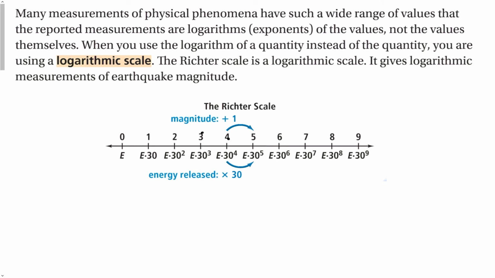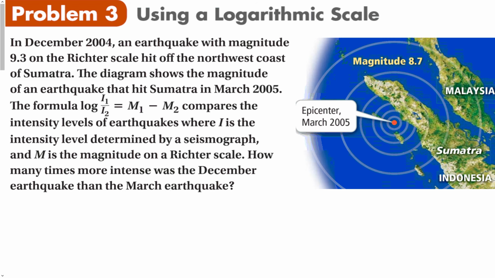Let's try a problem with this. In 2004, an earthquake with a magnitude of 9.3 on the Richter scale hit off the northwest coast of Sumatra. The diagram shows the magnitude of an earthquake, 8.7, that hit in 2005.